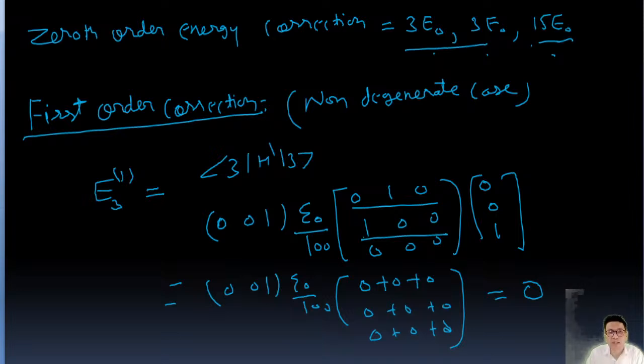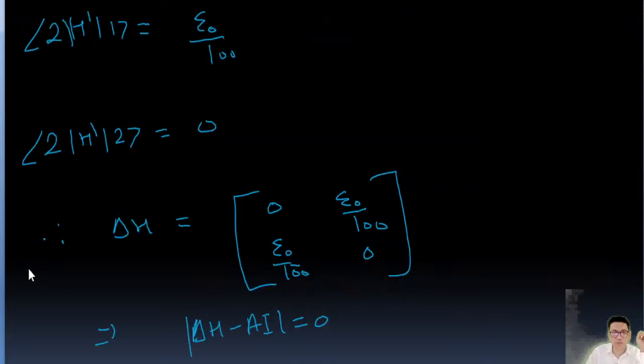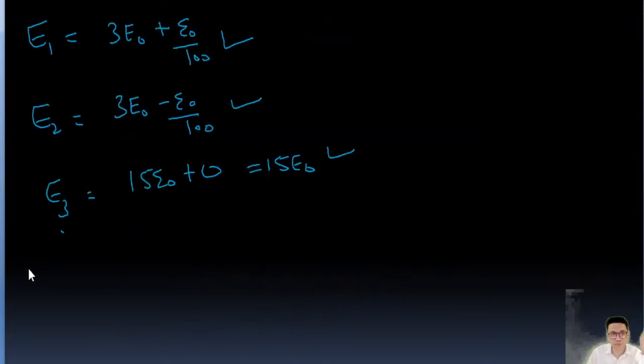And then for the non-degenerate case, you will get the energy which we know. And then from there we will find the value of delta E, and then the actual energies. Because this is 0 we've got, this energy will remain the same.